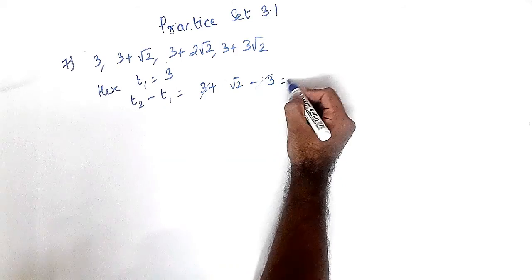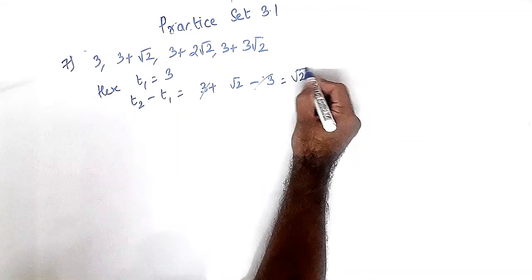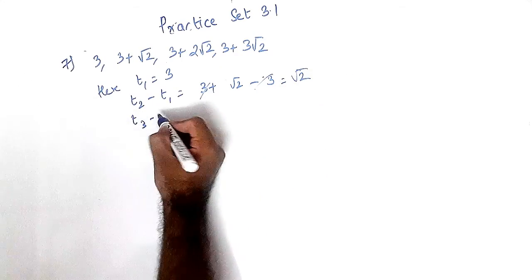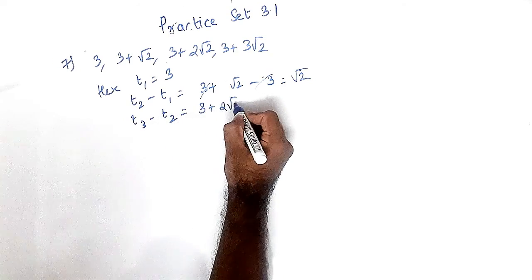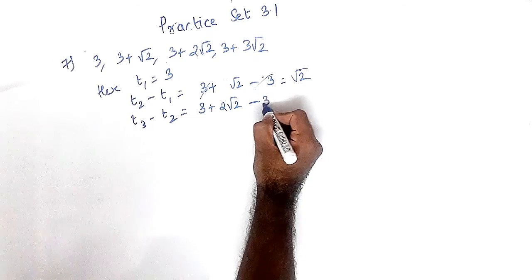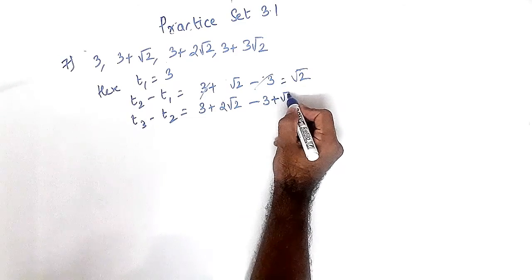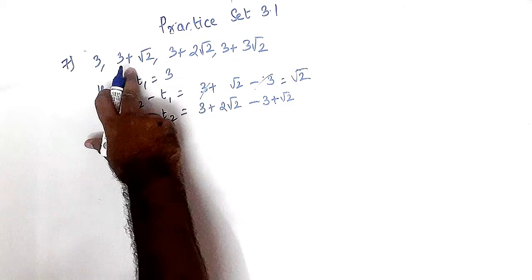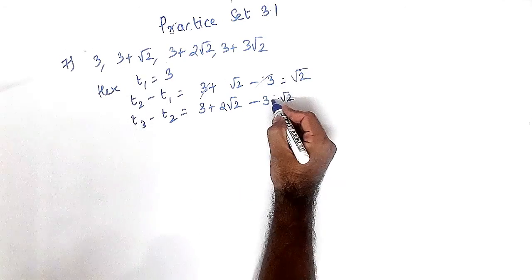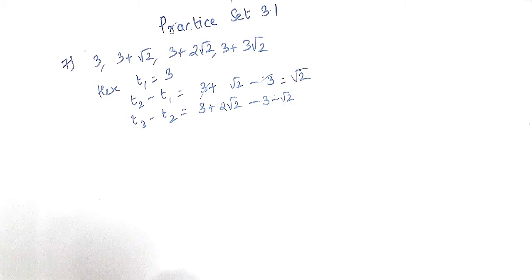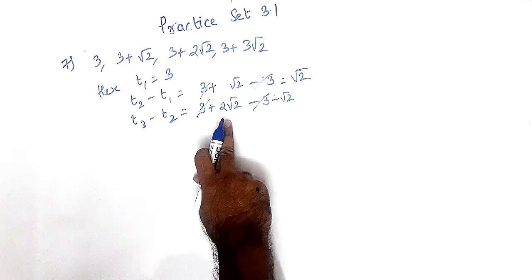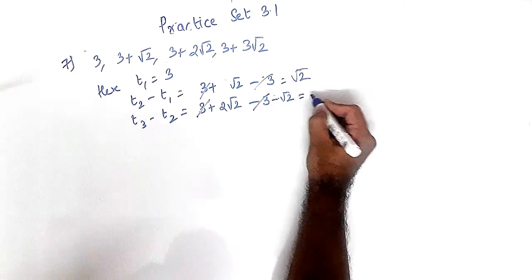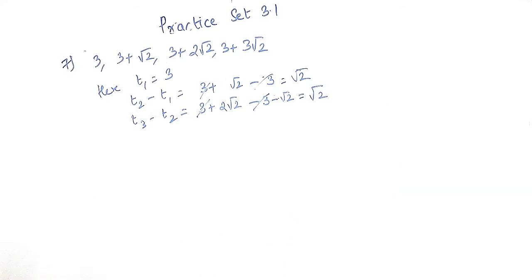So 3 plus root 2 minus 3, only root 2 remains. Then T3 minus T2 is 3 plus 2 root 2 minus 3 plus root 2. Now here minus minus sign will get changed, it will become minus root 2. So what will happen? 3 minus 3 becomes 0. What is 2 root 2 minus 1 root 2? It is 1 root 2.